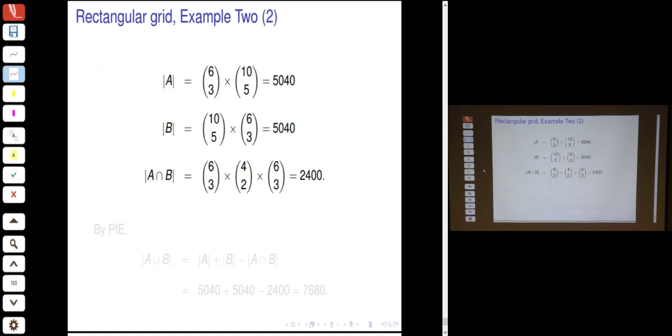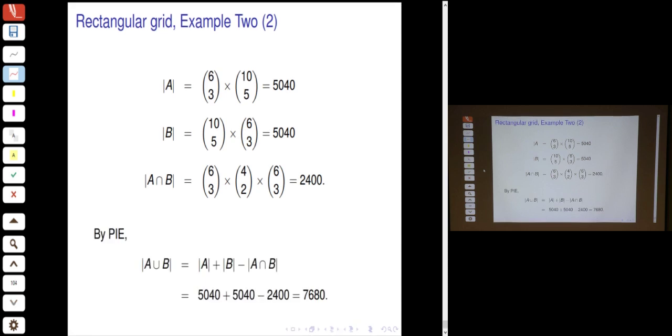The method to count the size of a union is PIE, the inclusion-exclusion principle. So we carry out the plan. How many elements are there in A?